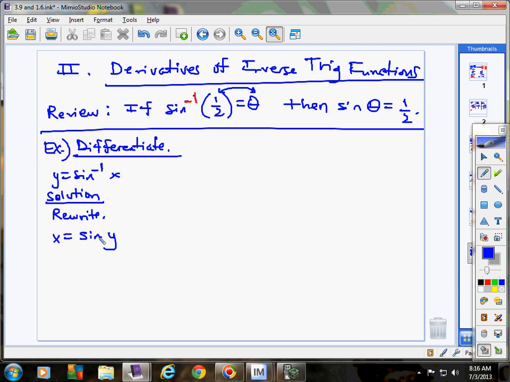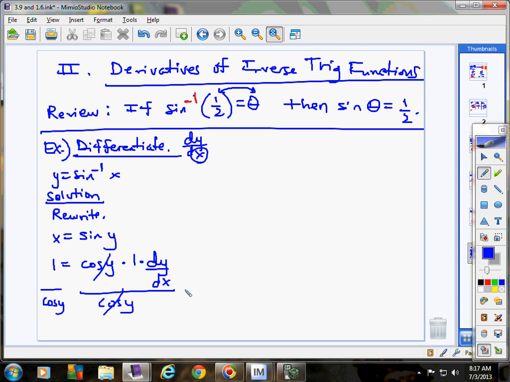Now I know how to find the derivative of sine, but let me write up here dy/dx. So the derivative of x is 1. The derivative of the sine of a variable is cosine of the variable, times the derivative of y, which is 1, but y is not x, so I've got to attach my dy/dx, and we call that implicit differentiation. Now I want to get dy/dx by itself, so I divide both sides by the cosine of y.